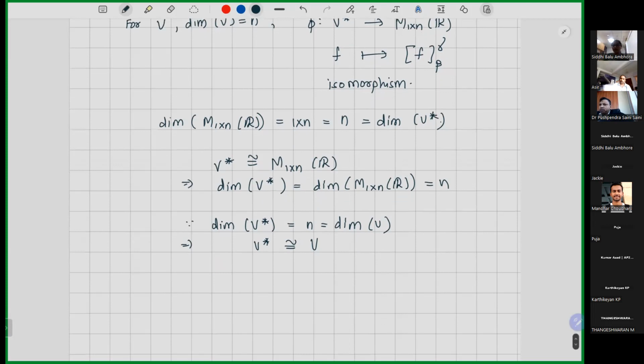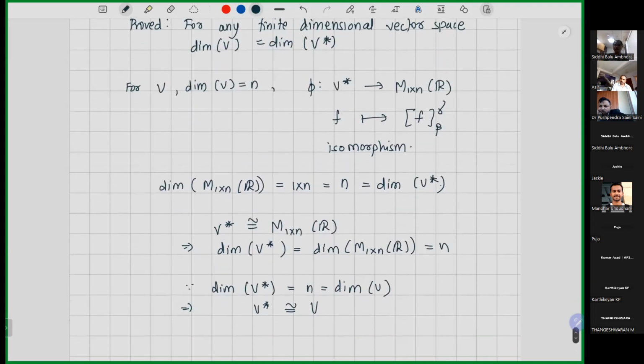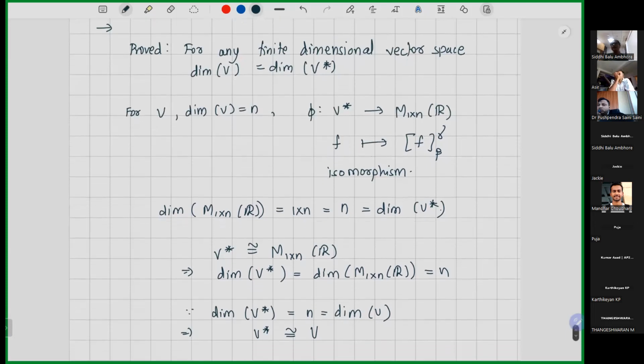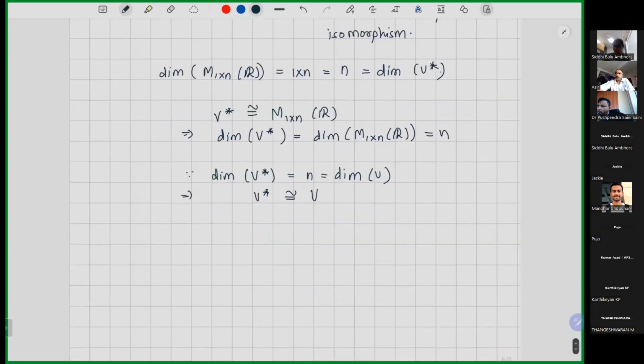So V star has dimension n, and this was the dimension of V, so they are isomorphic. It is a proposition proved in last week's lecture, so I'm just using that. If that is not clear, you can go through this week's lecture. How this is an isomorphism is also given. Okay, is it okay now? Yes. Okay, thank you.